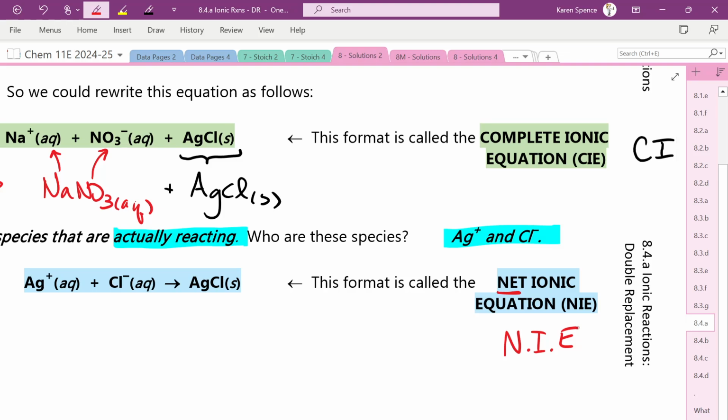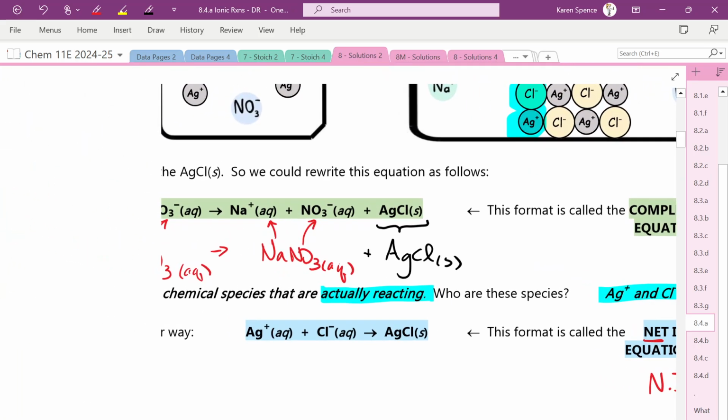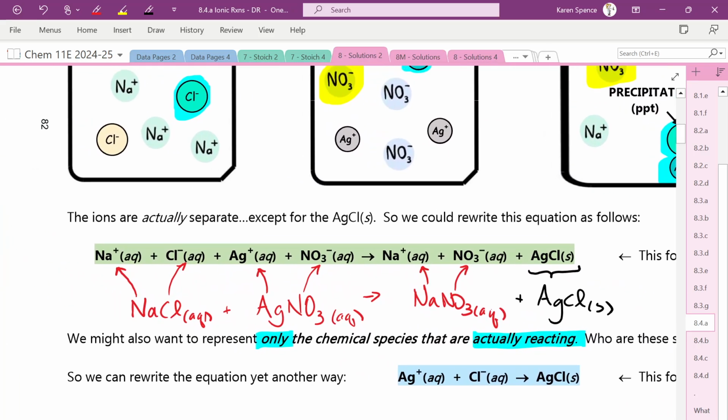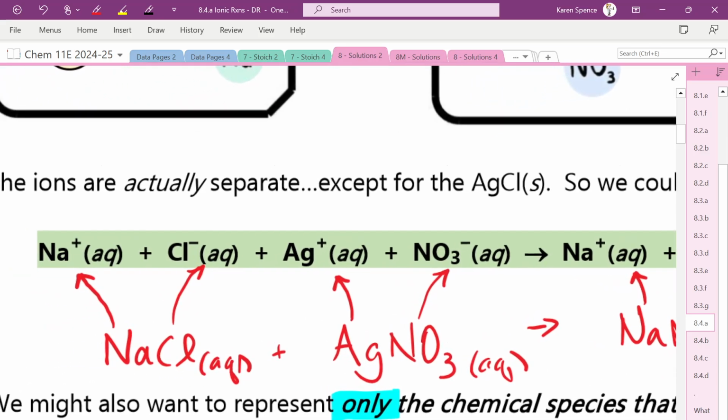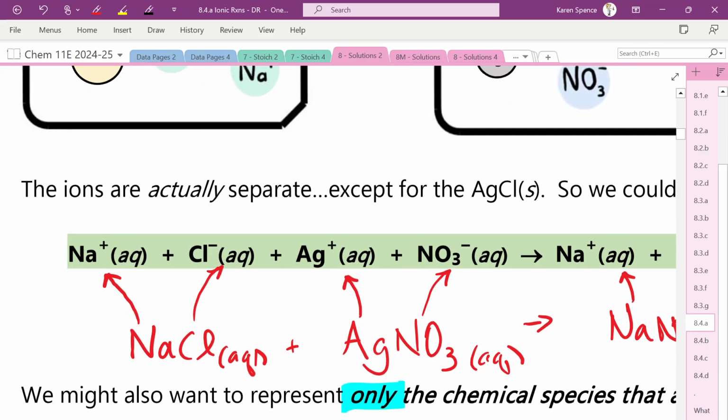And it is possible to go from the complete ionic equation to the net ionic equation by looking at your complete ionic equation and saying, what does not change from one side to the other? Well, sodium stays as Na+. That has not changed, right?